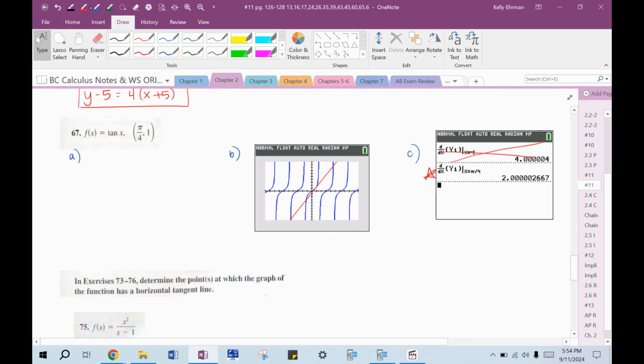Okay, same idea for this one. So we need to find the tangent line equation to the tangent graph. So f prime of x, the derivative of tangent is secant squared x. When you are evaluating at pi over 4, remember with trig functions, secant squared means what's the secant of pi over 4?